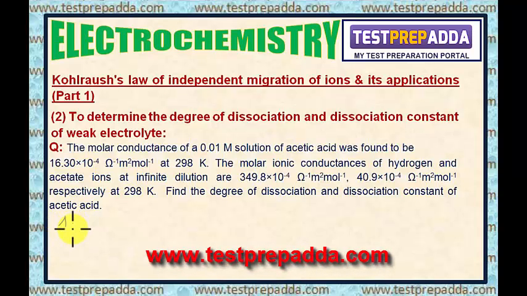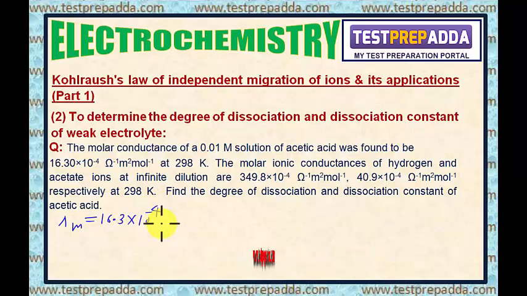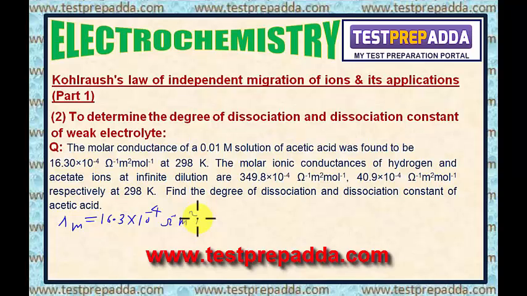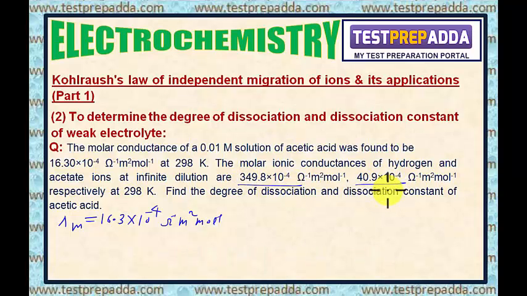So lambda m is given as 16.3 into 10 raised to minus 4 ohm inverse meter square mole inverse. Now, the ionic conductances of hydrogen and acetate ions at infinite dilution are this and this.